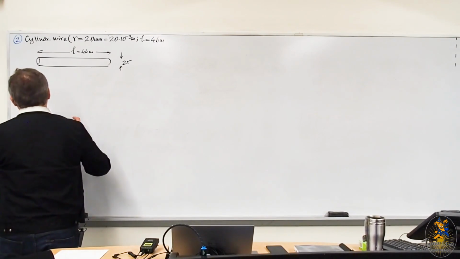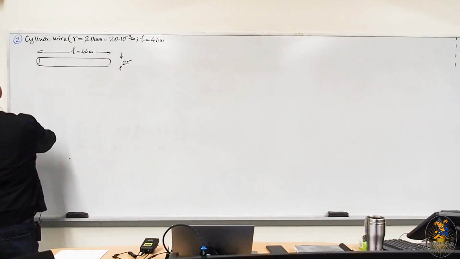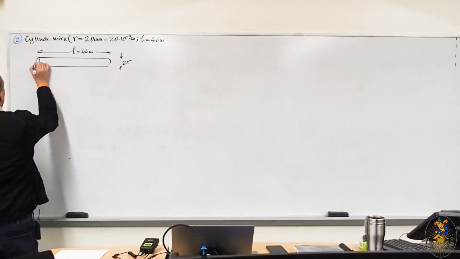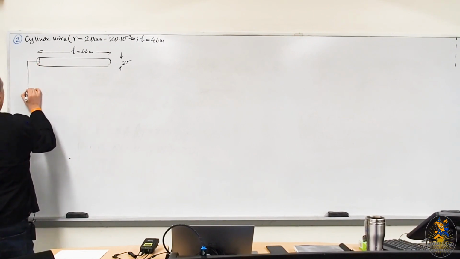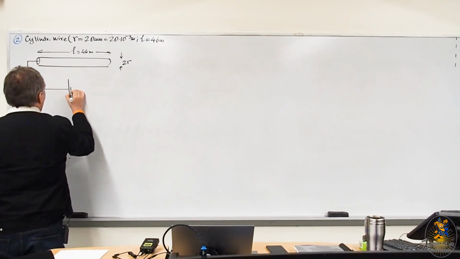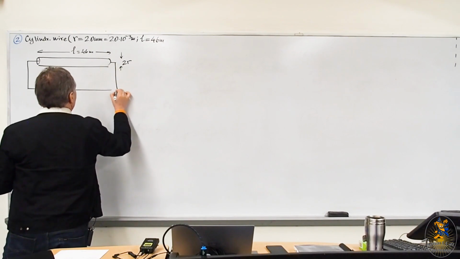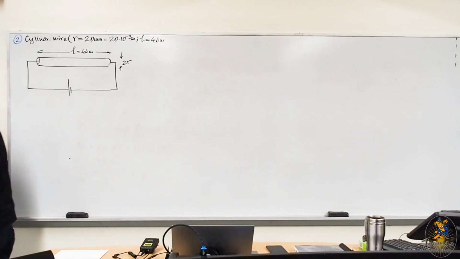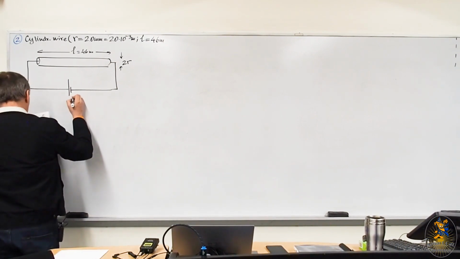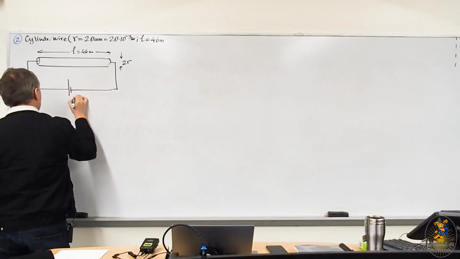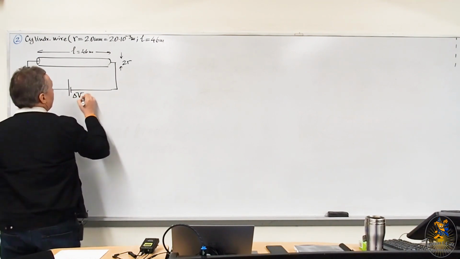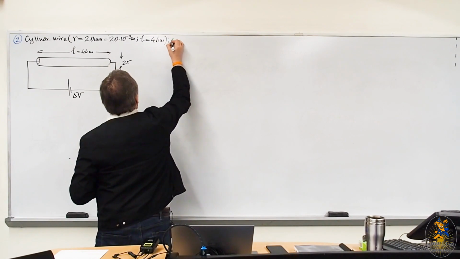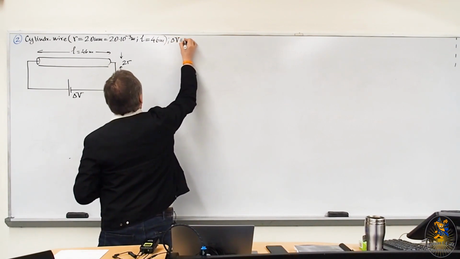And this wire is connected to a battery. The potential difference of that battery is given as 3.7, so I use delta V. Delta V equals 3.7 volts.